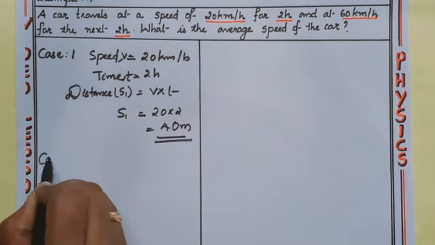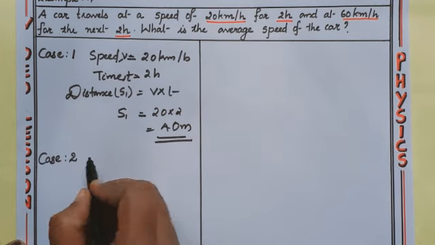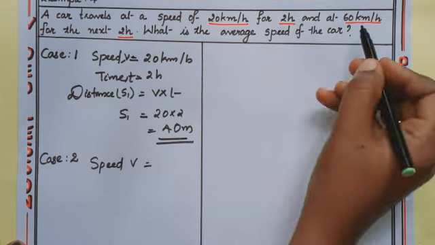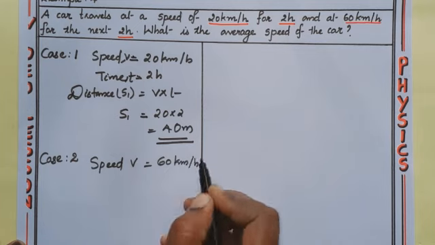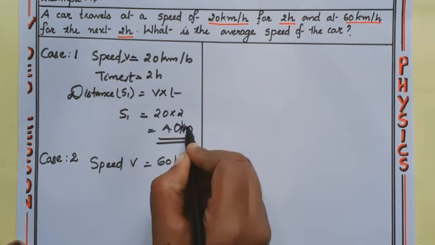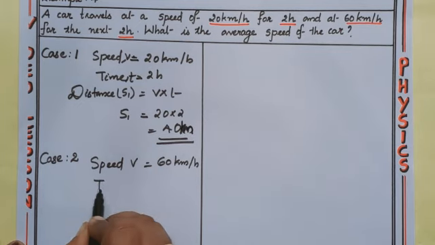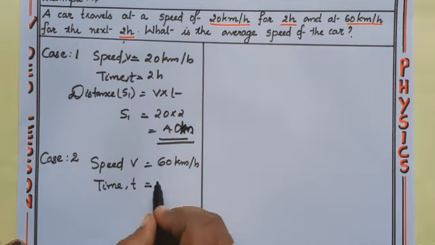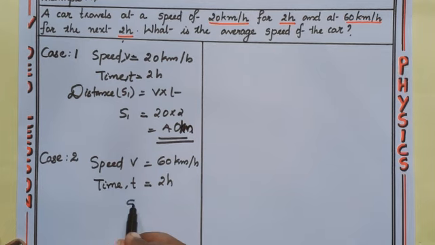Next, case 2. Speed V is equal to 60 kilometer per hour. Time T is equal to 2 hours. We want to find the distance S2.